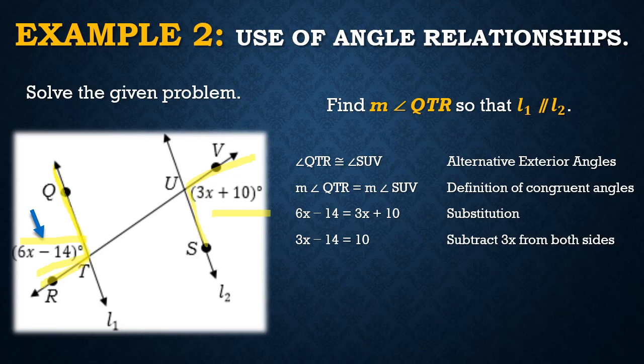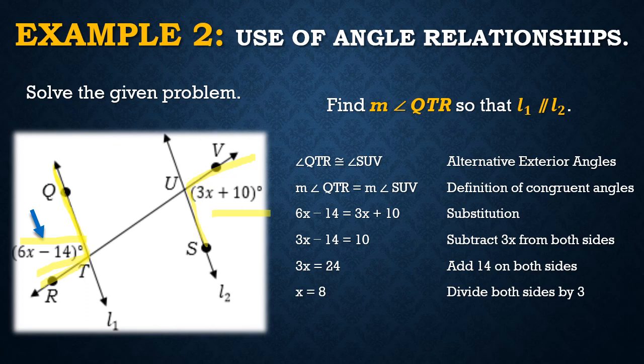Next step, we are going to subtract 3x from both sides. So what is left is 3x minus 14 is equal to 10. And then we are going to add 14 on both sides. So the remaining will be 3x is equal to 24.